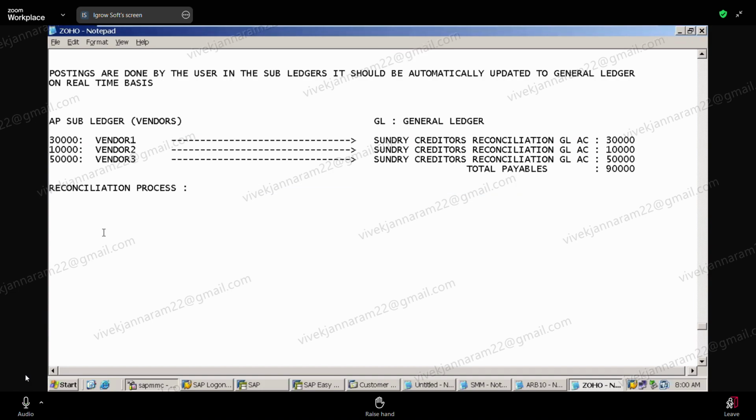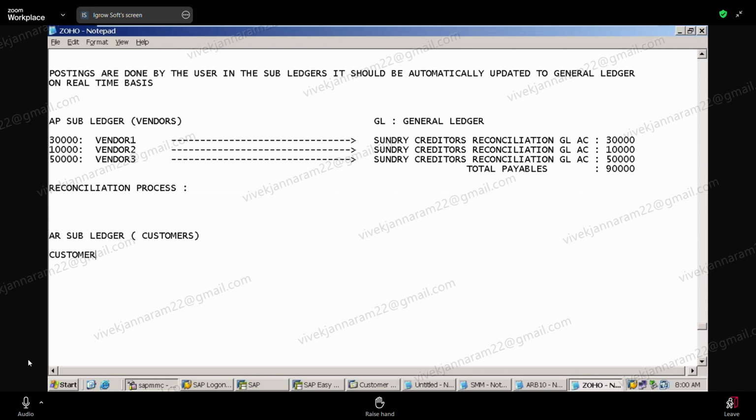So let us see now. Imagine it is the AR subledger. Who will be there in the AR subledger? Customers. So here I have customer one.